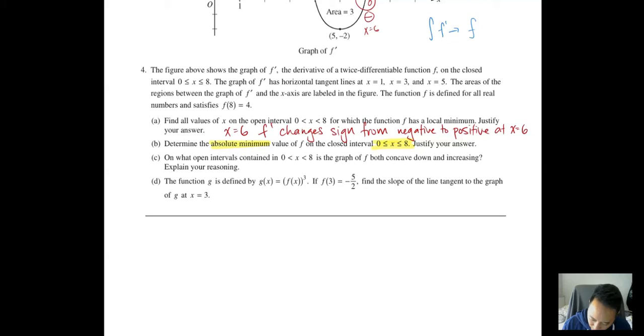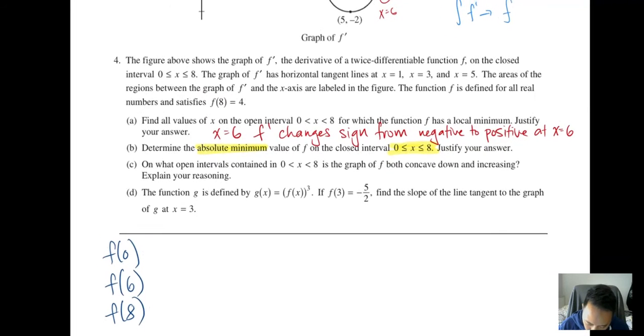I'm going to start with f of 0, as this is one endpoint, f of 6, which is my relative minimum we found in answer A, and also f of 8, which is my other endpoint. One of these locations is going to be my absolute minimum, and we're going to have to figure out these values. Now, we're going to have to use the derivative to figure out these values.